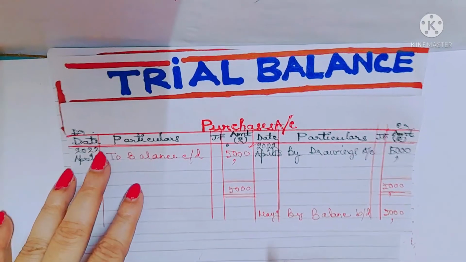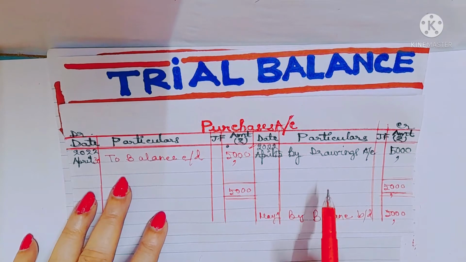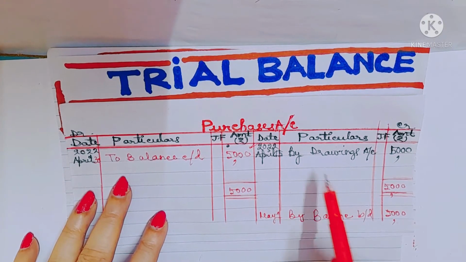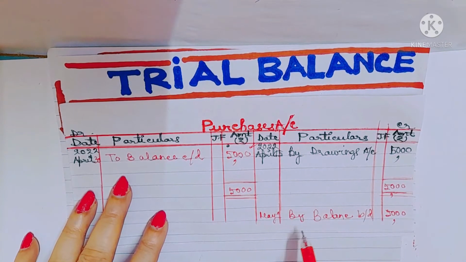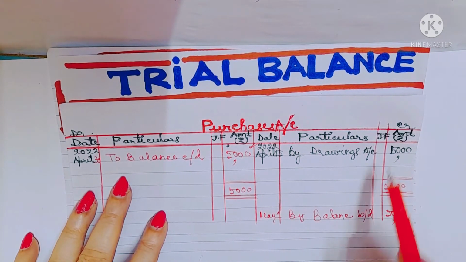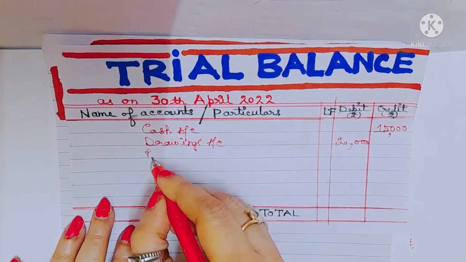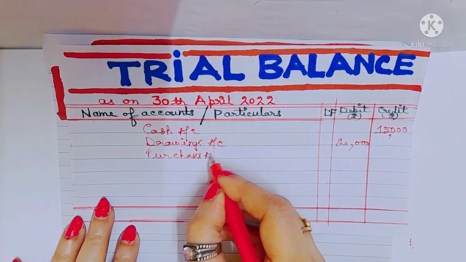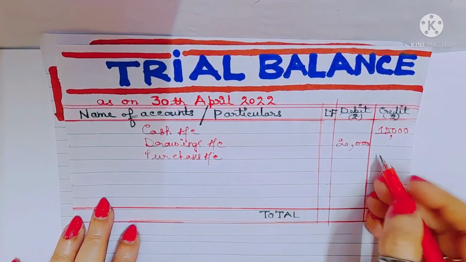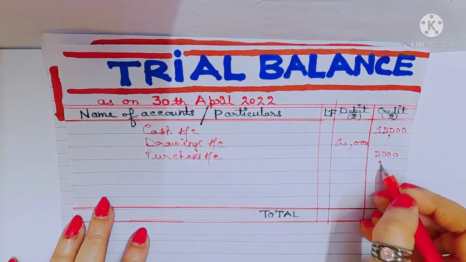So purchases account. Is purchases account a debit balance or a credit balance? Purchases account is a credit balance. Credit side total is greater than debit side total, and moreover, by balance BD is written beneath the credit total, 5,000. Let's write purchases account. How much? 5,000. 5,000 credit total. Purchases account is a credit balance, 5,000.